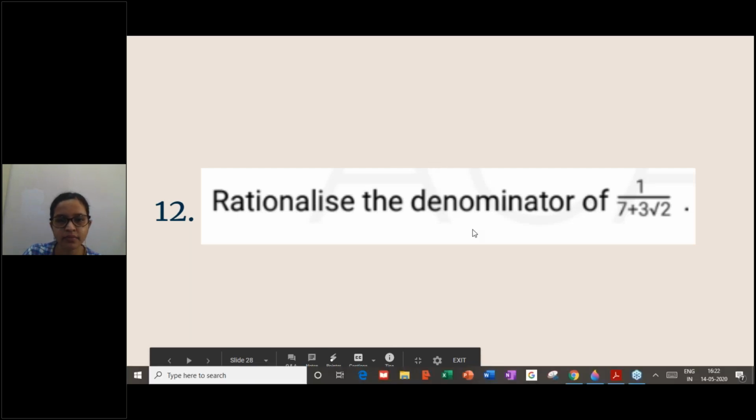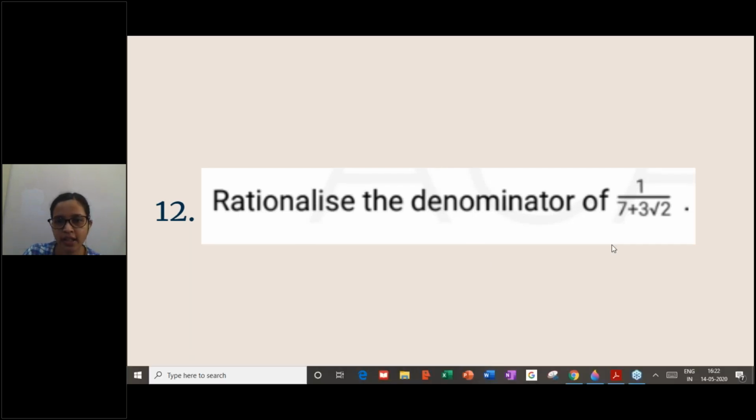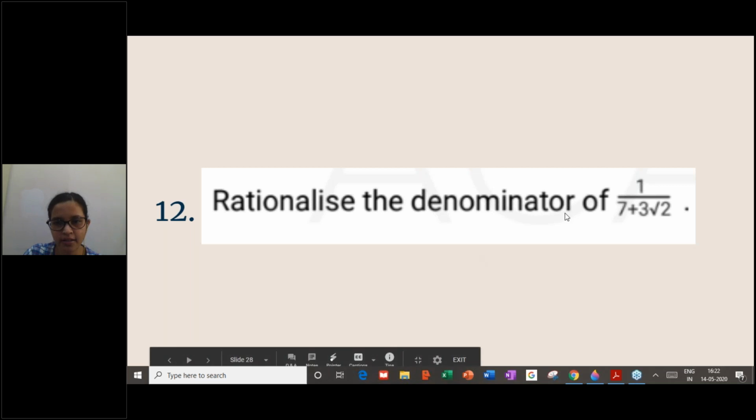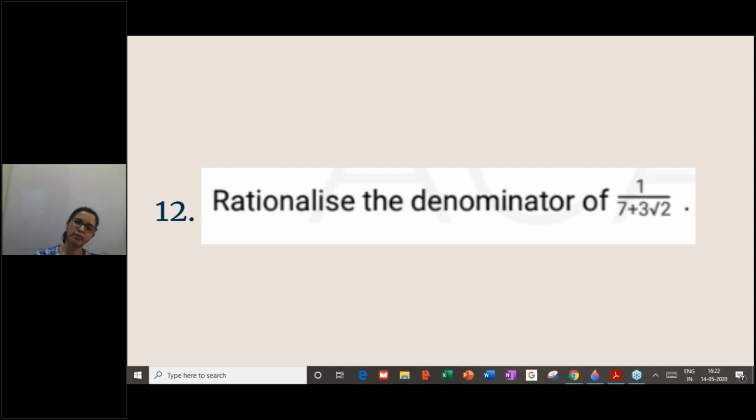So yeah, here's a question. If possible, type in your answer. So we'll see how many of you get it. Rationalize the denominator. The only thing you need to remember is to use the identity a square minus b square is a plus b into a minus b. Using that, you can rationalize the denominators of all complicated fractions. Okay.